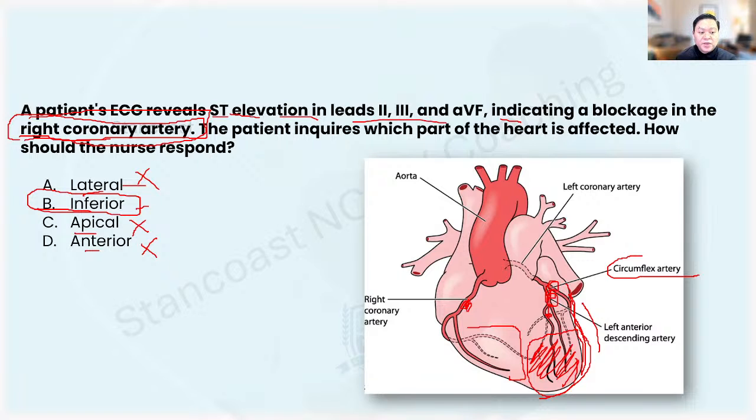Whereas if you are thinking about an MI in the inferior wall, this is mostly caused by the obstruction in the right coronary artery. Okay. All right. Let's get moving.